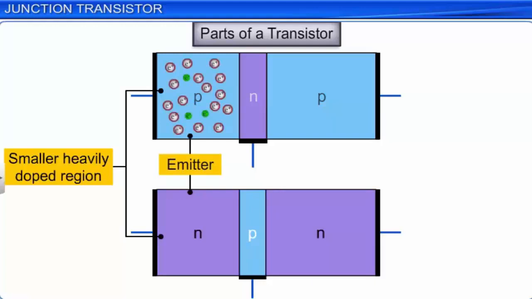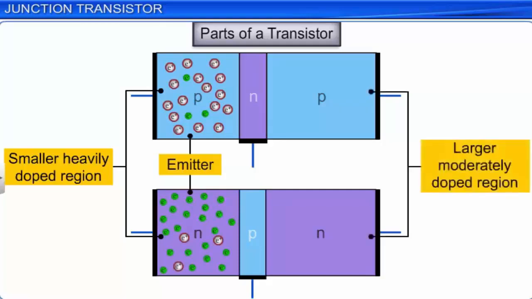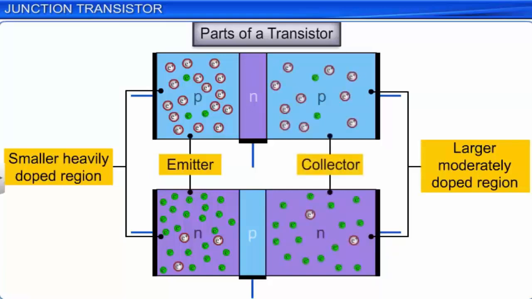The larger, moderately doped region is called the collector. The collector collects the major portion of the majority charge carriers provided by the emitter. The thin, lightly doped region that separates the emitter and collector is called the base.